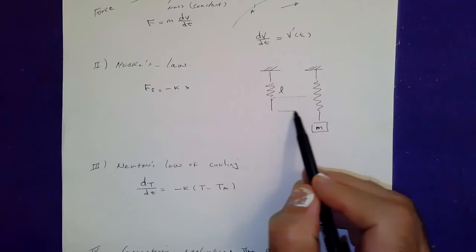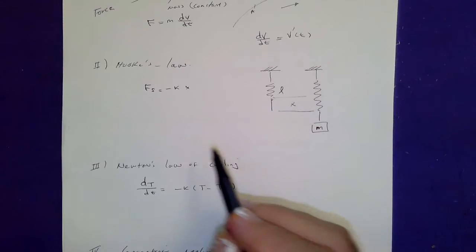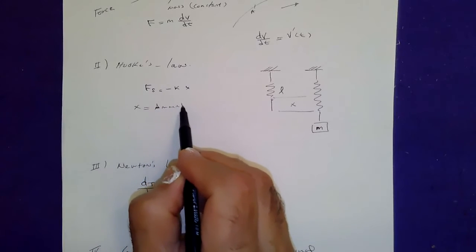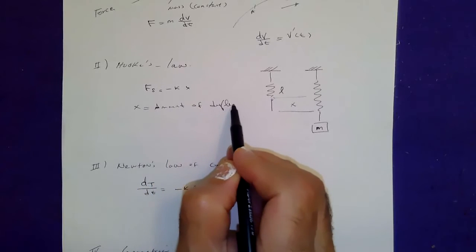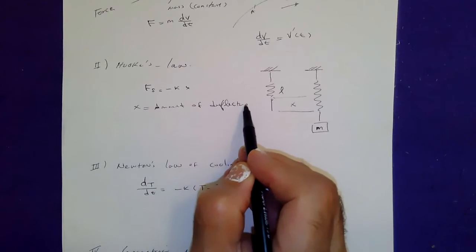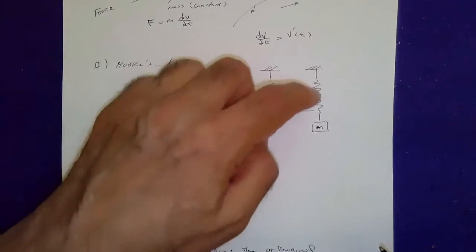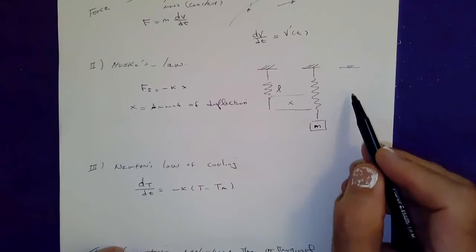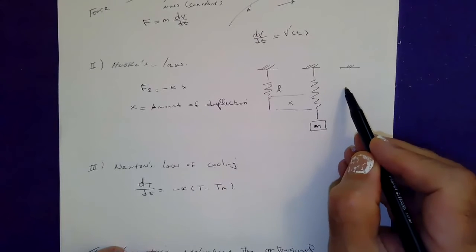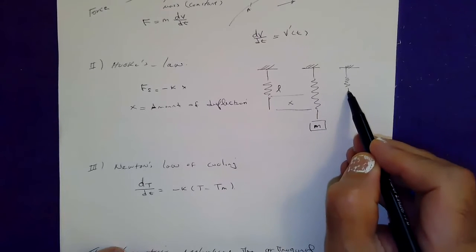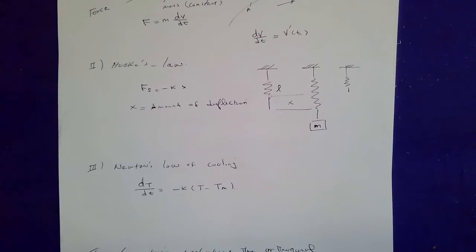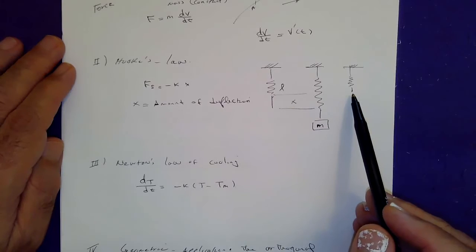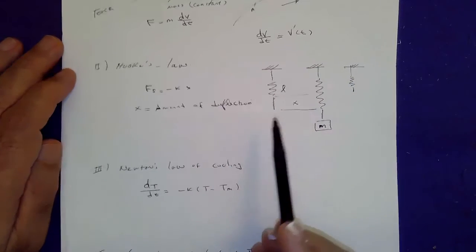So this amount of stretch is called x, which is known as the amount of deflection. Remember, deflection can be an amount of stretch or compression, because you can also push the force upwards and compress this. So the amount which the spring has been either elongated or compressed is called the amount of deflection.